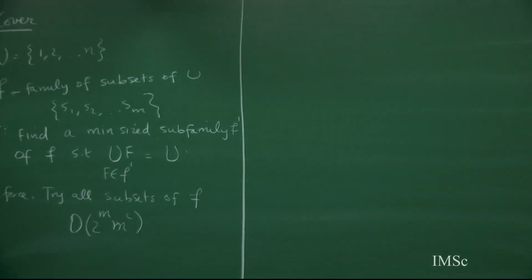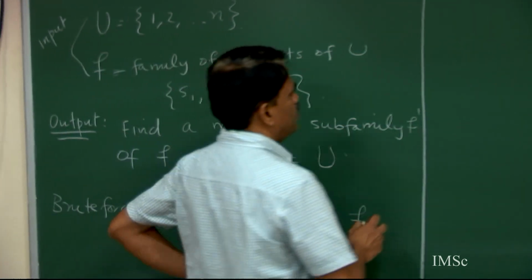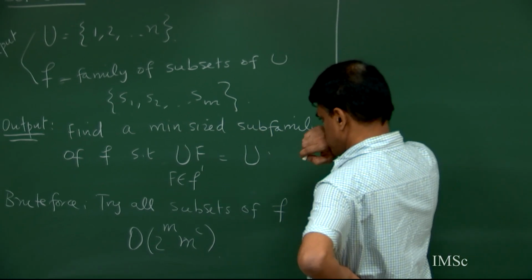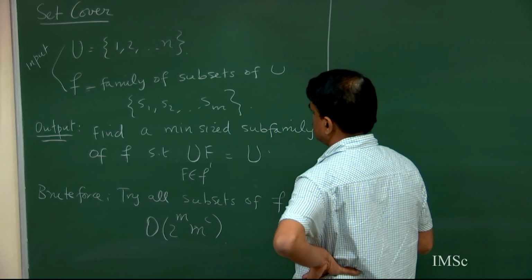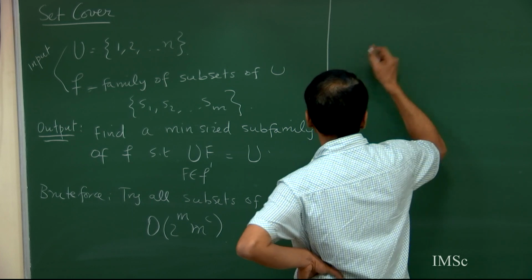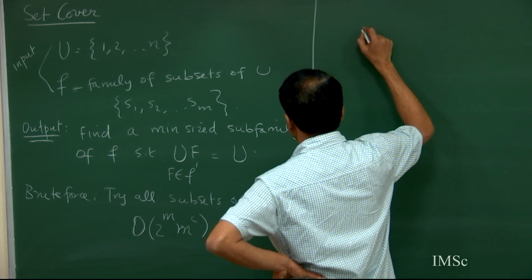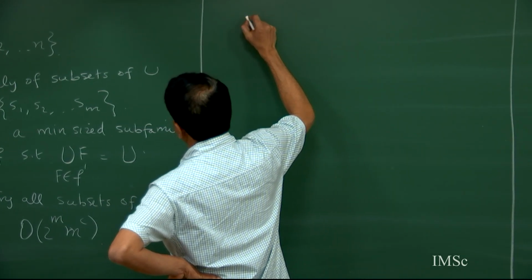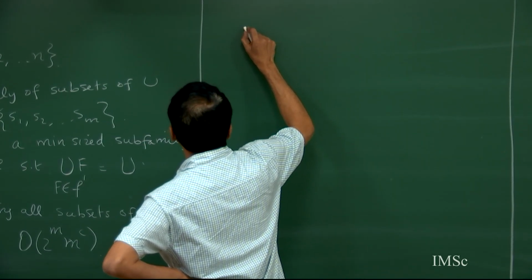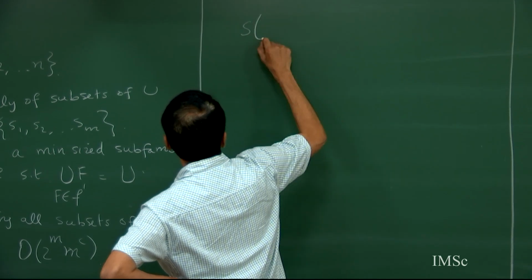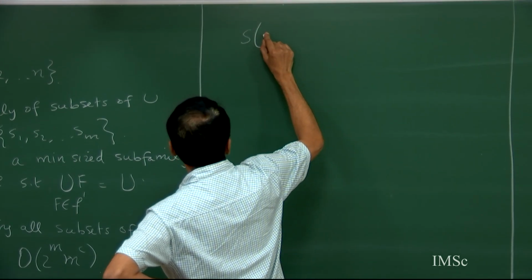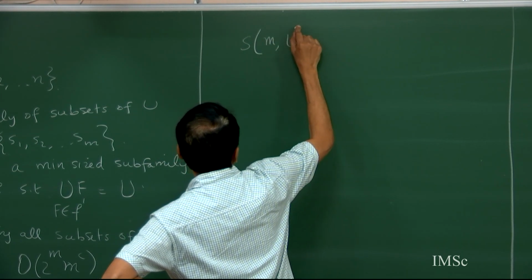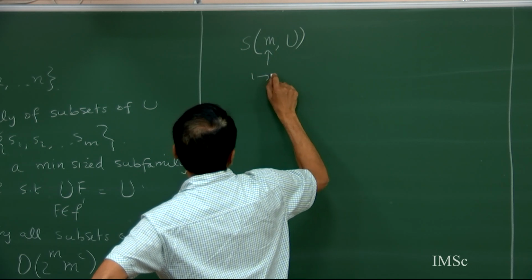But let's try Sm. So let's write down that, I'll have to give some symbol. S, the set cover I am looking for of 1 to m, U. This is 1 to m, right.